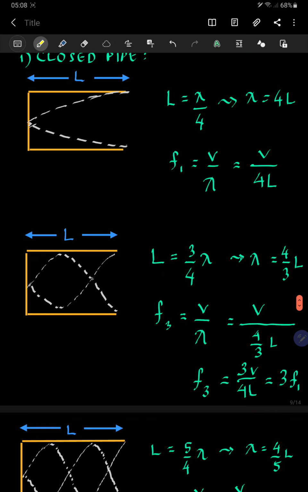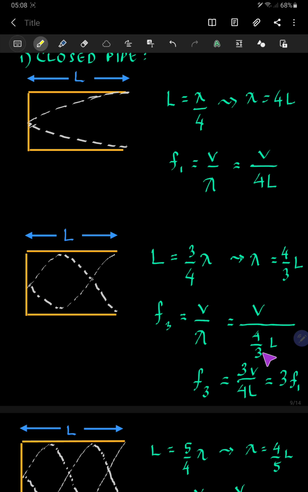And then for the second part, how many lambda do we have? Quarter, quarter, and quarter. So 3/4 lambda, isn't it? So L equals 3/4 lambda, or lambda equals 4 over 3L. So based on F equals V over lambda, it equals V over 4 over 3L.